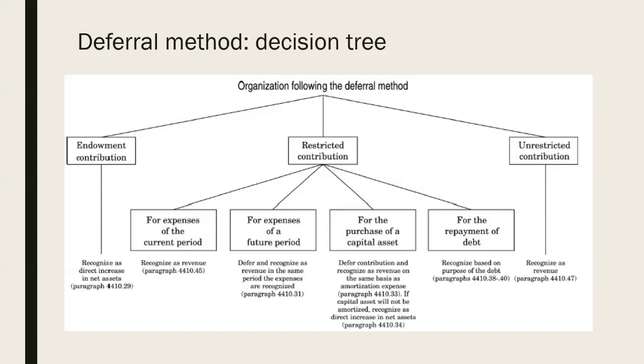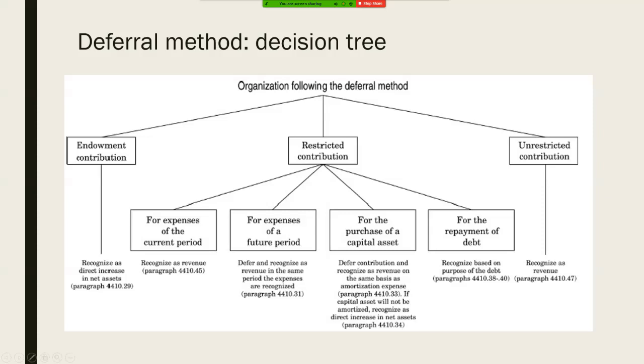Where the organization follows the deferral method, if an endowment contribution is received, we will report that endowment contribution as a direct increase to net assets. Remember, net assets is similar to what equity would be for a for-profit organization. If an unrestricted contribution is received, it will be recognized as revenue immediately.